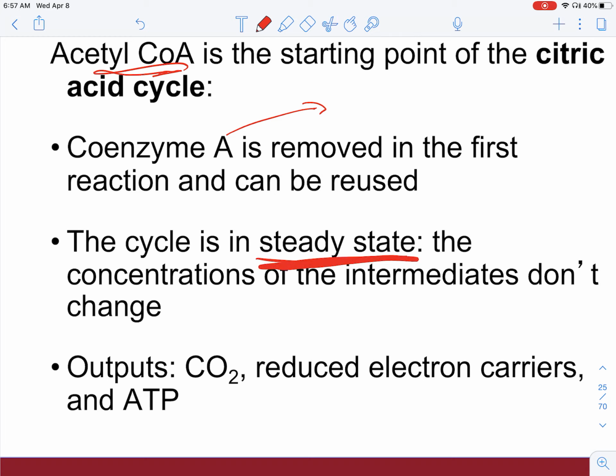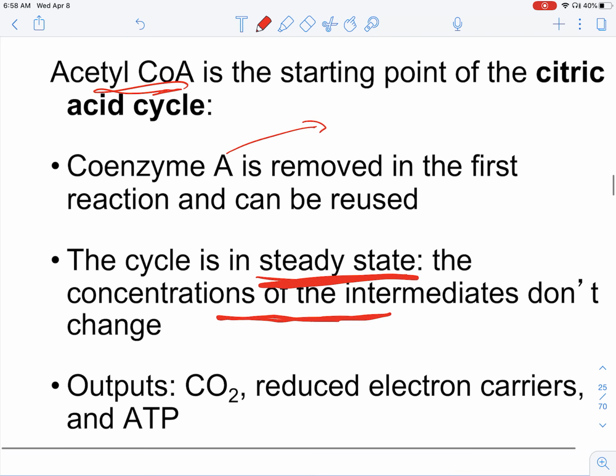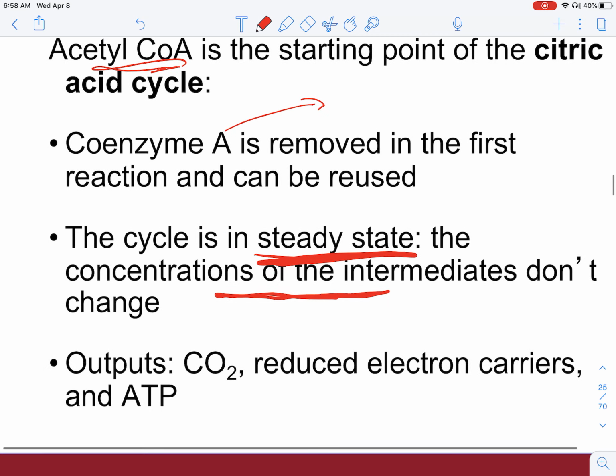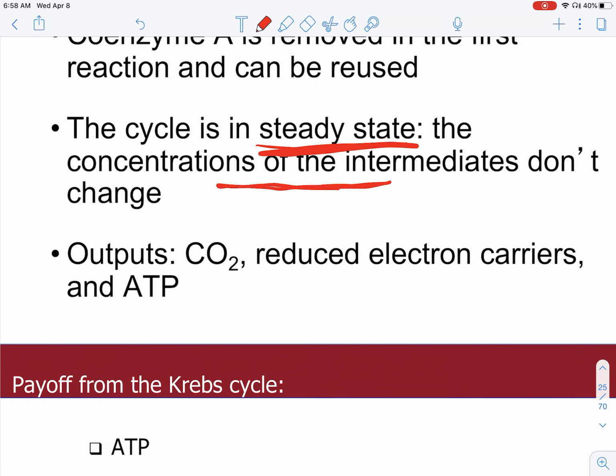This is a condition in which the atoms within the intermediates are changing, but the concentrations of those intermediates don't change. And so even though we're throwing stuff into the system, the steady state concentrations of those intermediates stay the same. And at the end of this, we're going to get CO2.